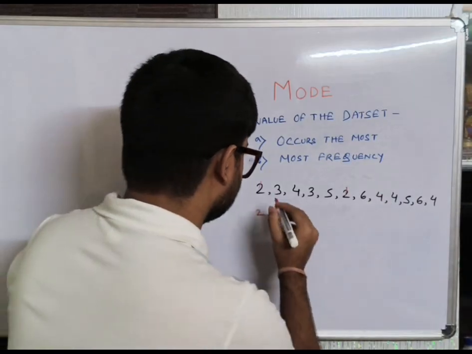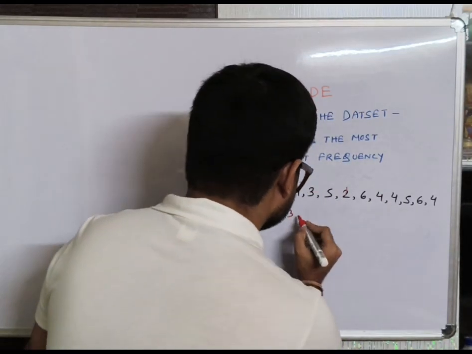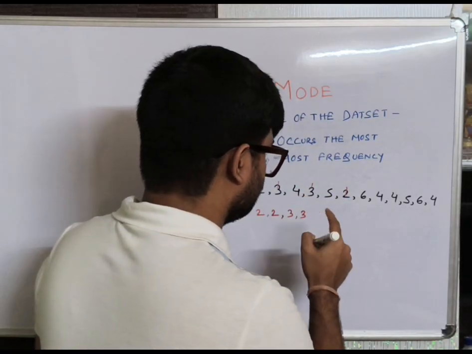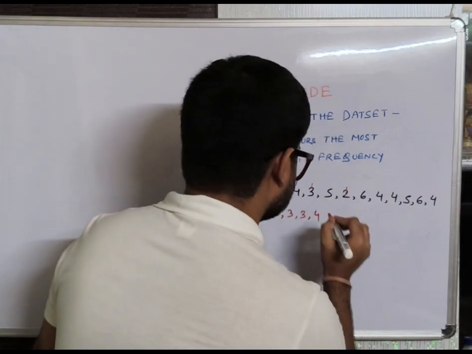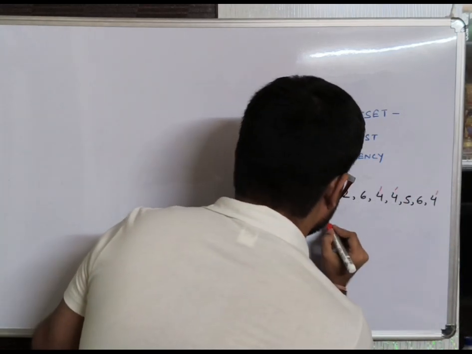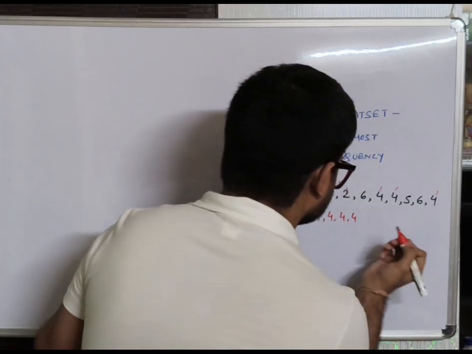Any other 2s? No. Then 3 done. After that there is another 3, done. Any other 3s? No. Then the 4, yes, another 4 is there, another is there, and there is also another one. So there are four 4s.